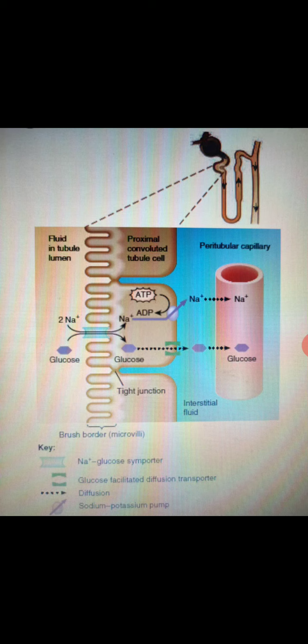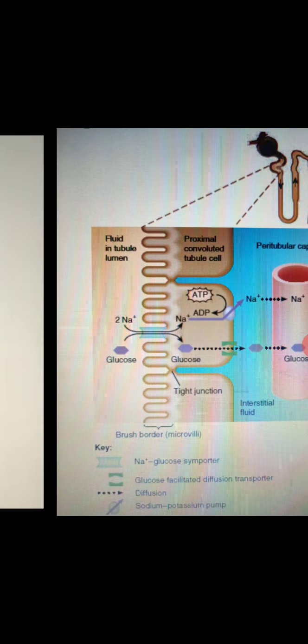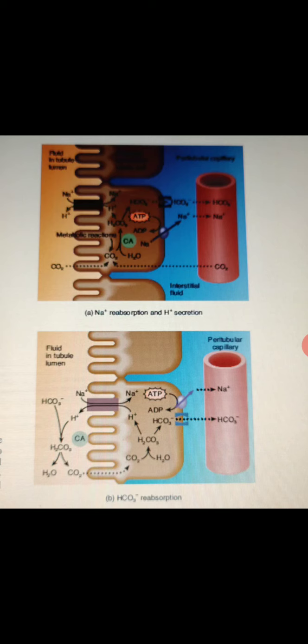In another secondary active transport, sodium-hydrogen antiporters carry filtered sodium ions down their concentration gradient into a PCT cell as hydrogen ions are moved from the cytosol into the lumen, causing sodium ions to be reabsorbed into the blood and hydrogen ions to be secreted into the tubular fluid.